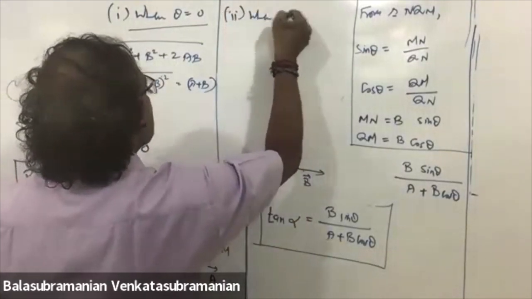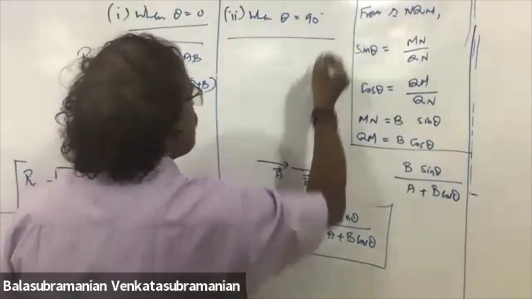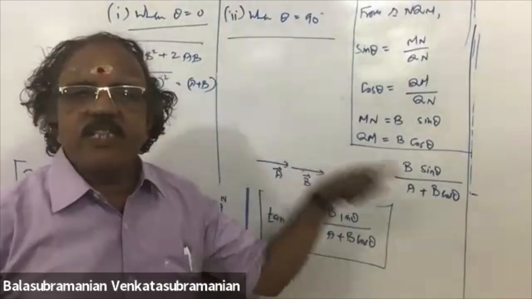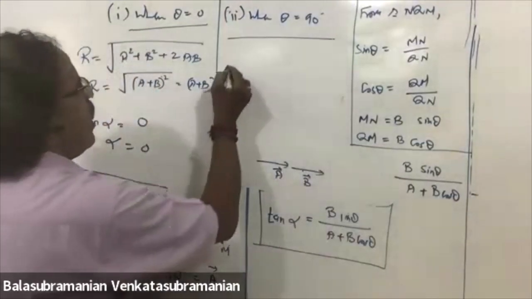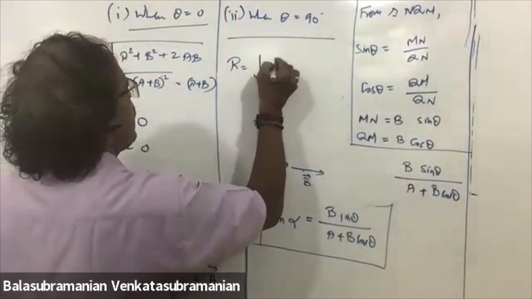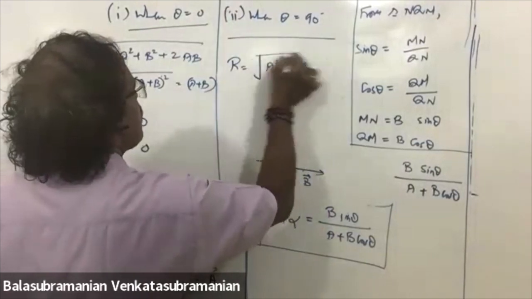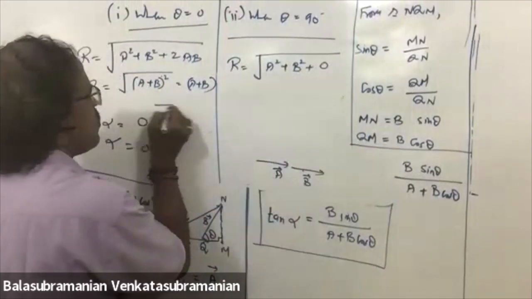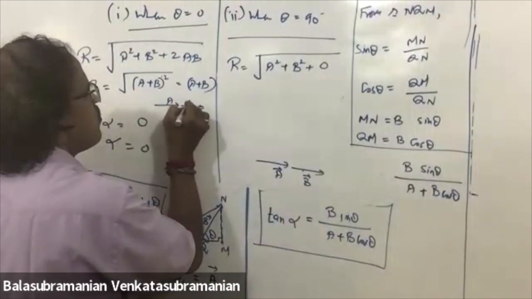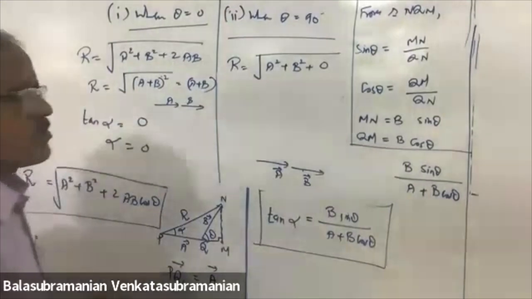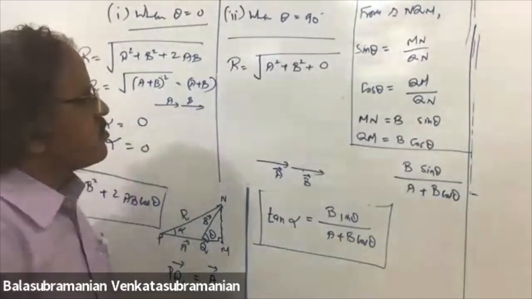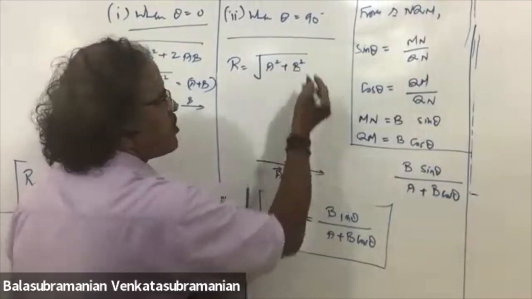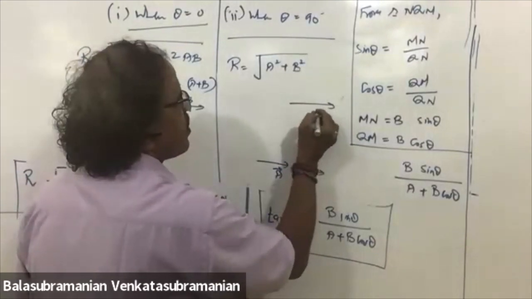When theta is equal to 90, R is equal to root of A square plus B square plus 2AB cos 90. Cos 90 is 0. So the resultant will be root of A square plus B square. This is Pythagoras theorem.